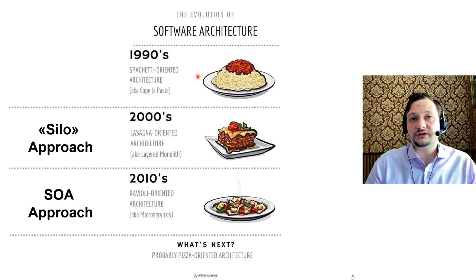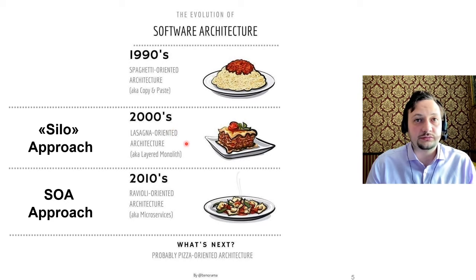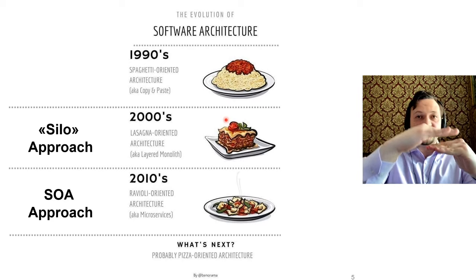There is another way to see this structure, and this is a very nice picture that I found. This is the evolution of software architecture. I don't really think that in the 1990s all the architecture was spaghetti oriented, but I think the author knows best. What I truly agree with is that in the 2000s we had lasagna oriented architecture, when we had this huge monolith with layers in it.